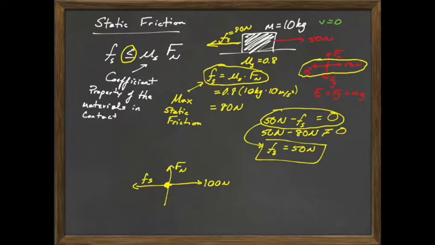We have the same basic forces, but this time, because I'm applying more force than the maximum amount of force static friction allows, this means that we have broken static friction's hold. In other words, static friction is too weak to hold the object at rest.